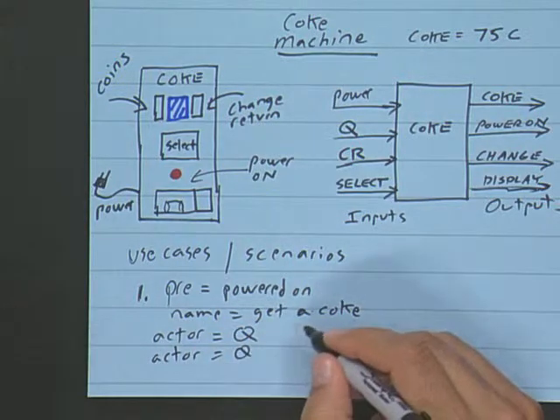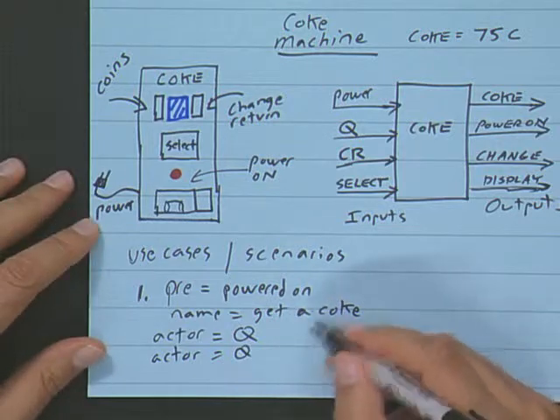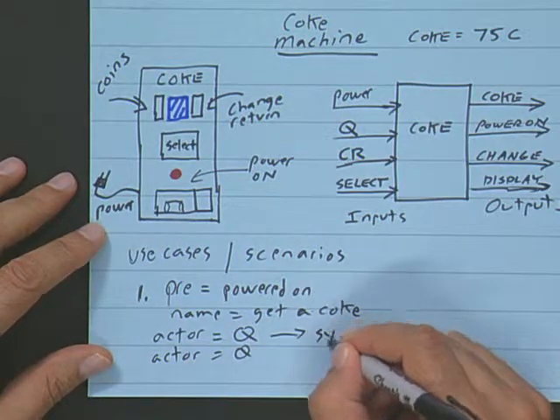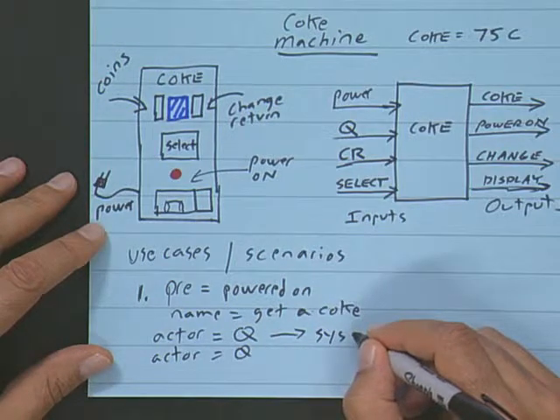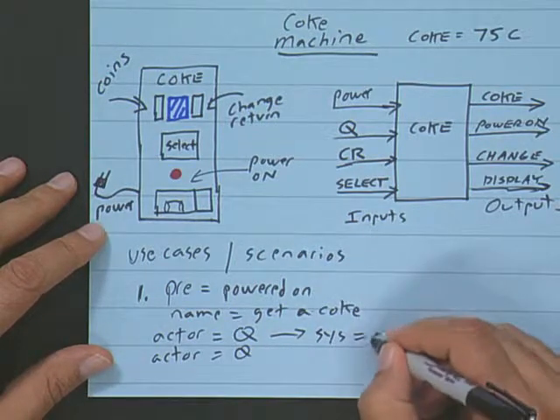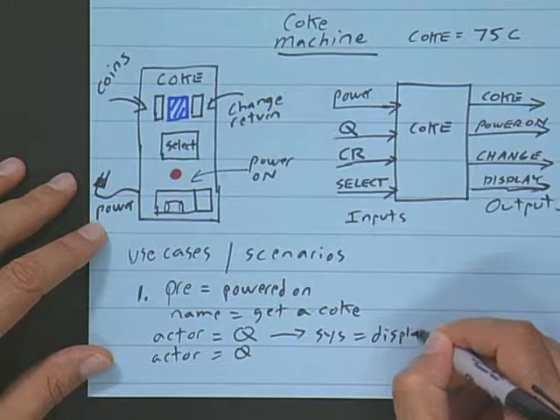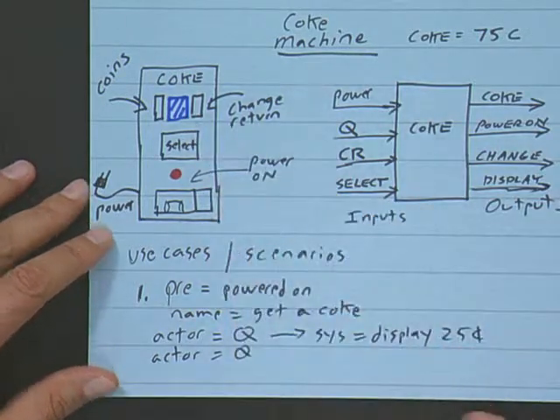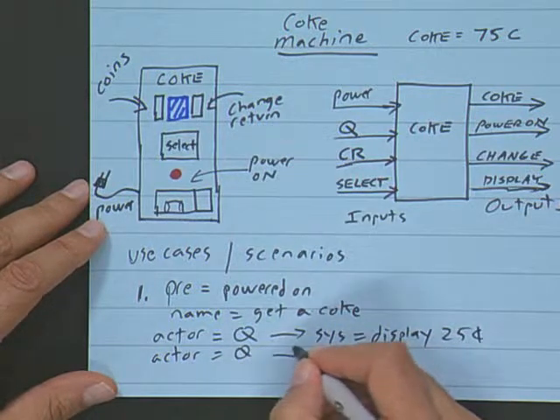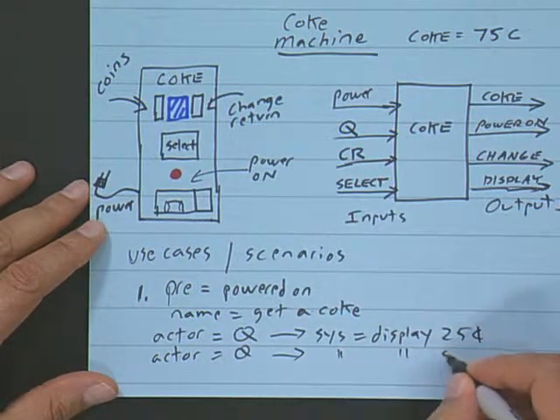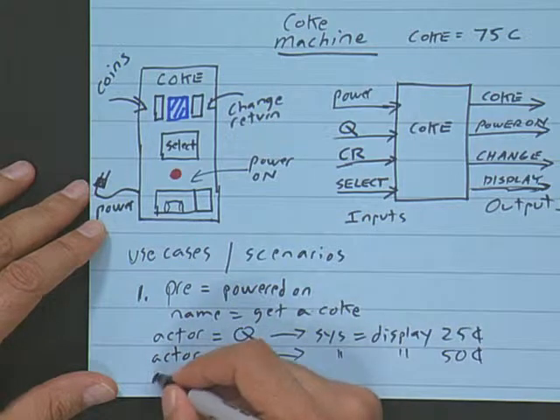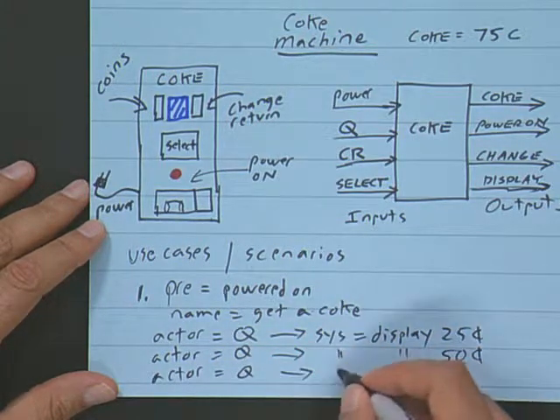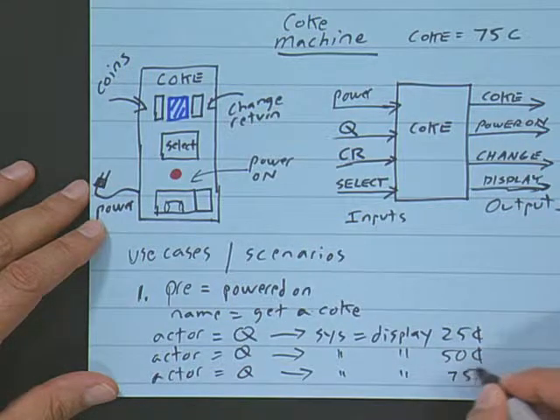By the way, when the actor deposits a quarter, if you're developing a use case scenario, the system would do what? The system would display 25 cents with this new display requirement I added. Then the actor deposits another quarter, system displays what? 50 cents. And then the actor deposits another quarter, and the system displays 75 cents.